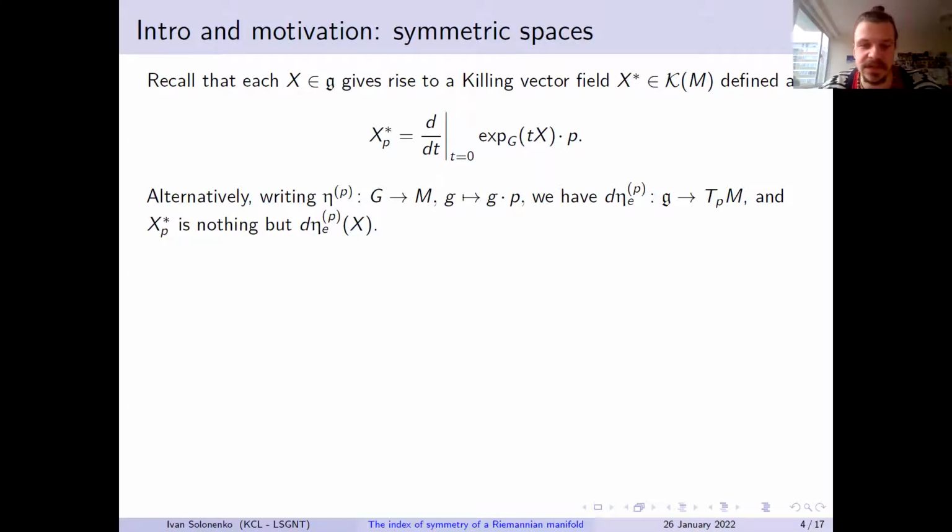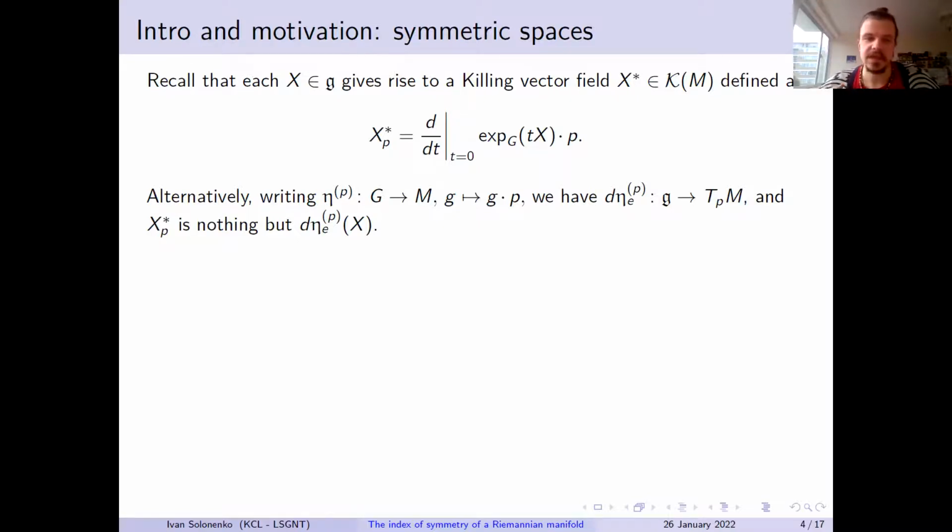Eta P is just the orbit map from G to M, which sends g to its value at P. Then the differential of this map at the identity maps the isometry algebra onto the tangent space to M at P. And the value of our Killing vector field X star at P is just: we take X in the algebra G and send it to T_P M along this linear map.